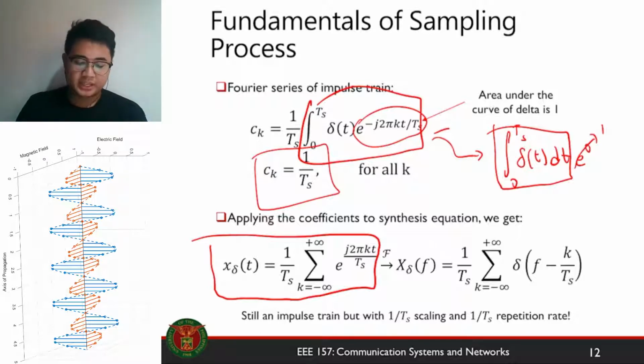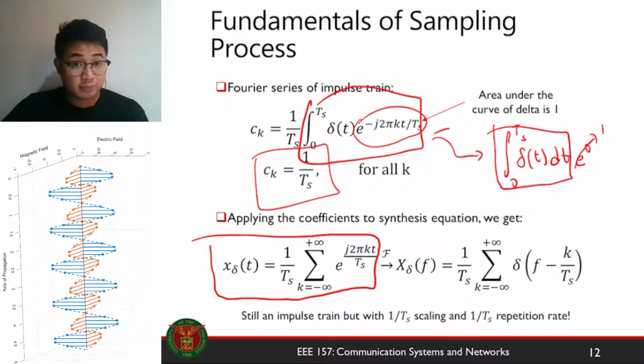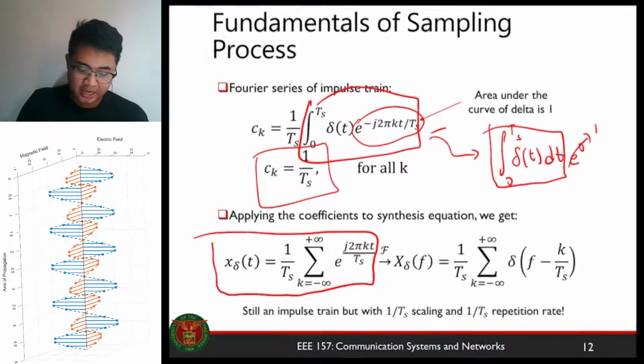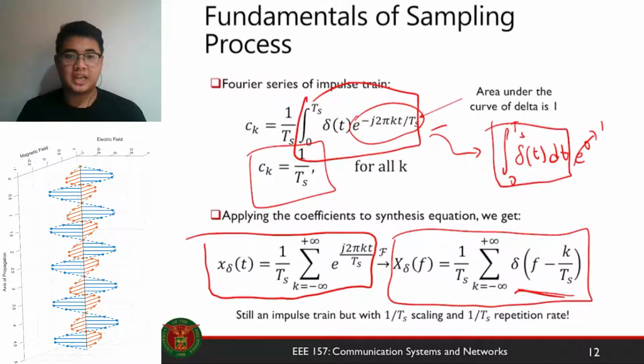And when you get the Fourier transform of this summation by applying the frequency shift property and the linearity property of your Fourier transform, you will obtain this Fourier transform of your impulse train, which is basically an impulse train also. So the Fourier transform of an impulse train is also an impulse train. That's it.